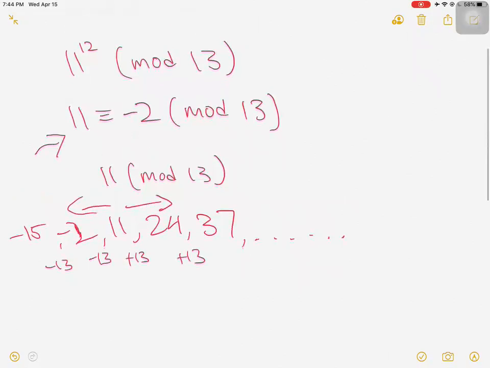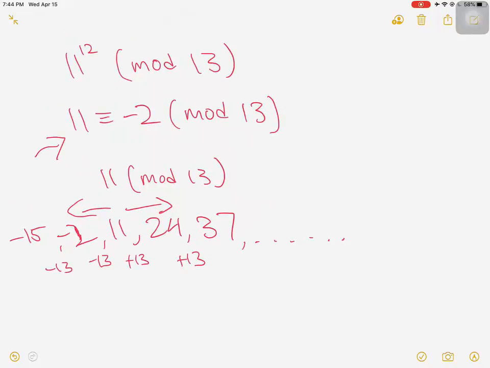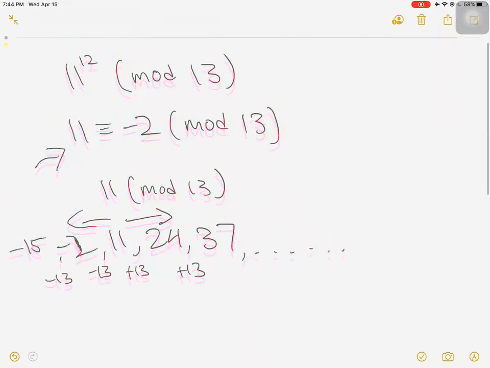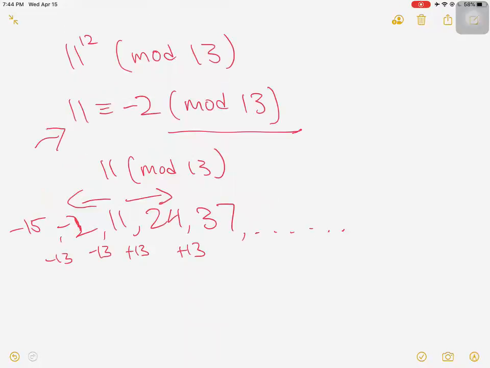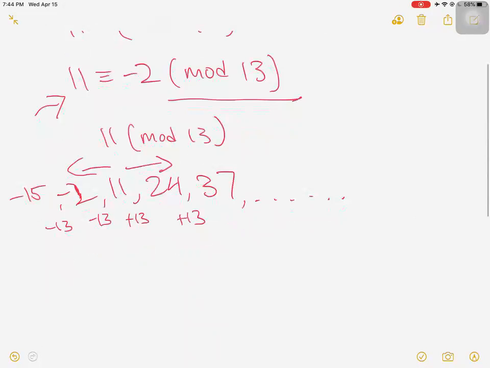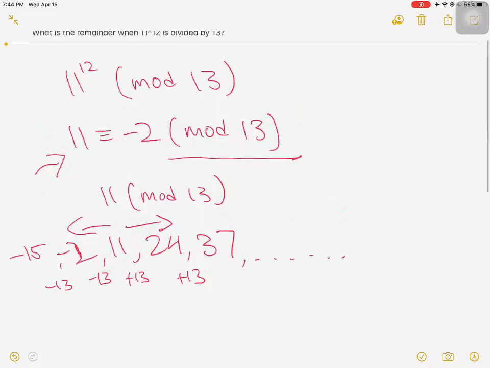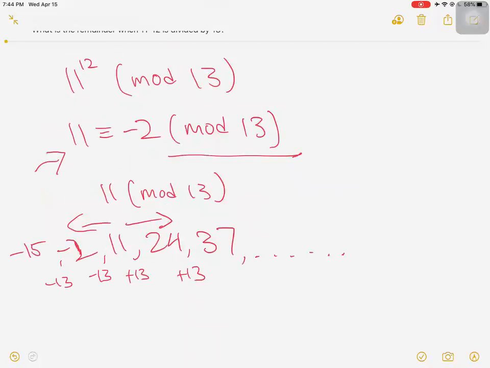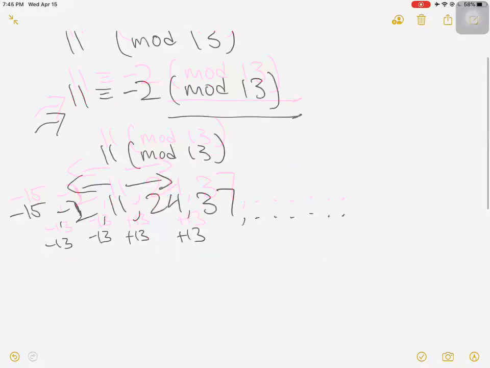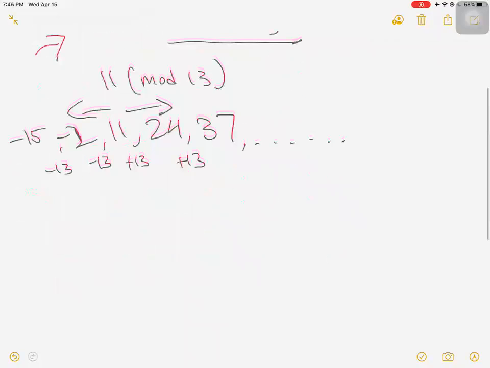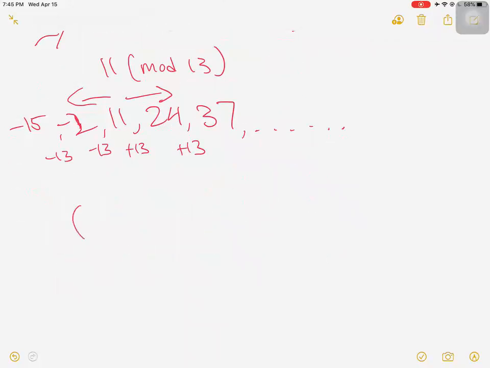Okay, I think the chat looks like they're getting it, so I'm going to continue. So since these are equal mod 13, we can simply replace the 11 with a negative 2. So instead of finding 11 to the power of 12 mod 13, we can change this question to negative 2 to the power of 12 mod 13.